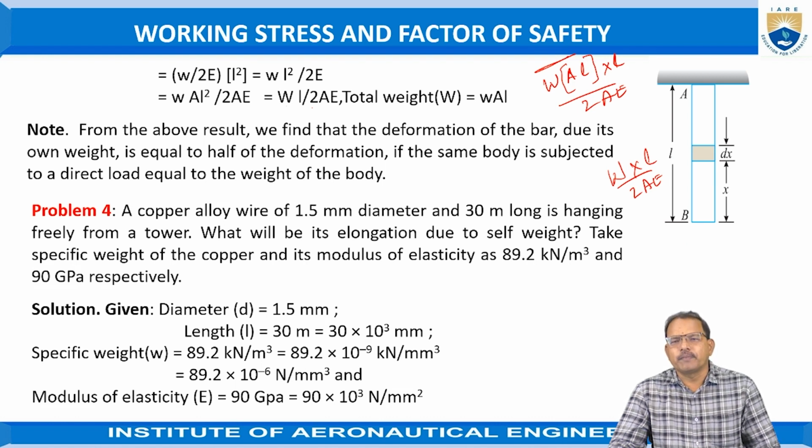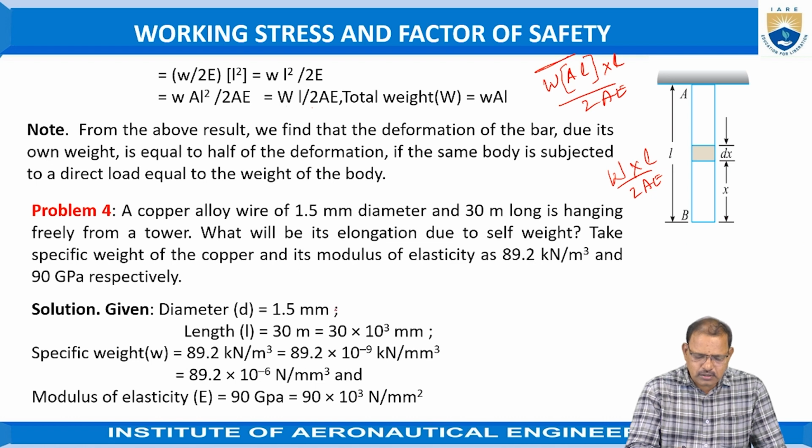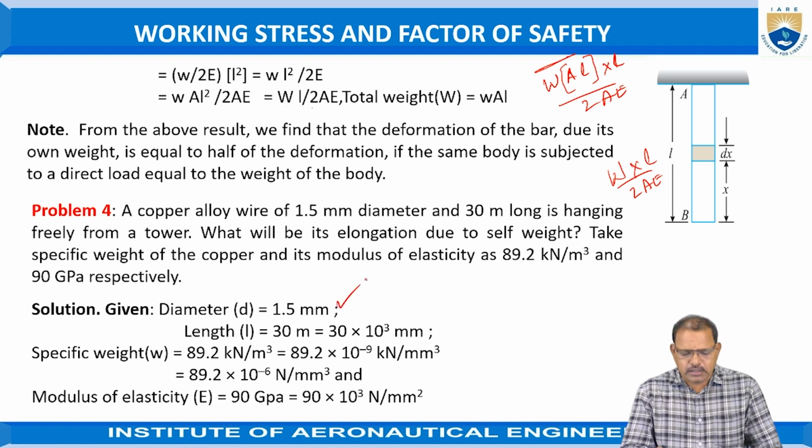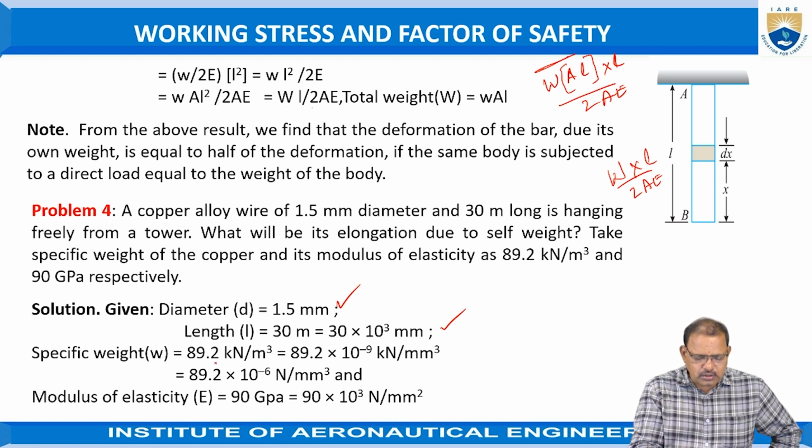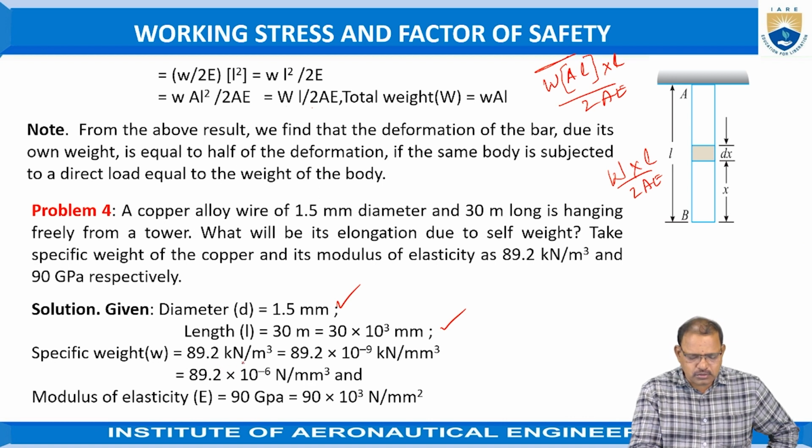Okay, the given data in the problem is the diameter of the copper wire, D is equal to 1.5 mm. Length of the copper wire is given as 30 meters, 30 into 10 to the power 3 mm. The specific weight, that is the weight per unit volume, is equal to 89.2 kilonewton per meter cube.